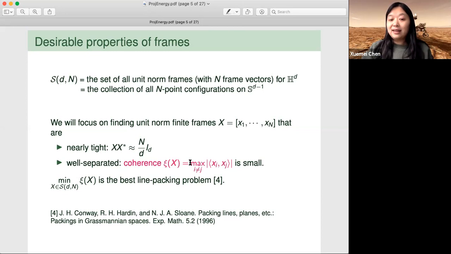It's basically the worst angle possible, but since they're unit norm, it doesn't have to be divided by the two norms. So you find the worst angle, and imagine if you had an orthogonal basis, that's the best case scenario, then you get coherence equals 0, because even the worst gives you 0 inner products. So coherence is the maximum of all pairwise inner products among your points.